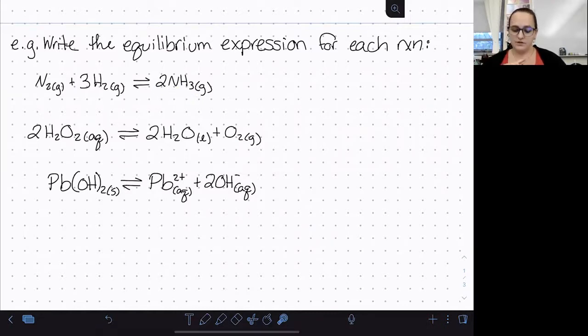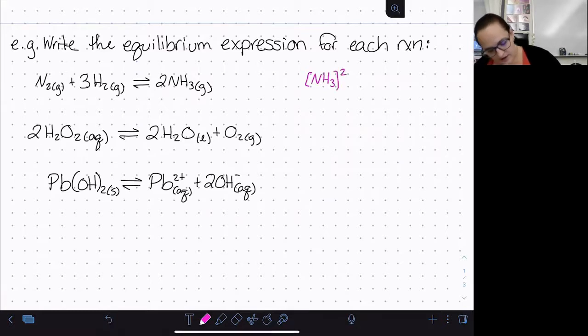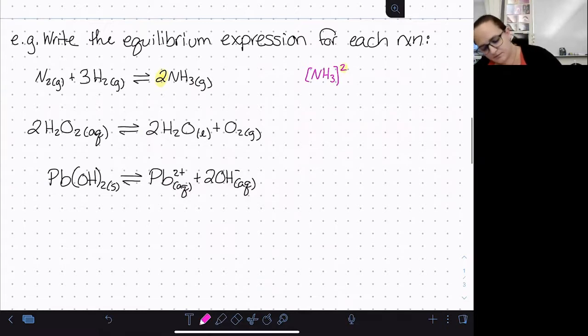That coefficient is going to become the exponent. So our product goes on top: NH3, and that coefficient of 2 becomes our exponent of 2 in our equilibrium expression. That is our only product, so that will be our only term in the numerator.